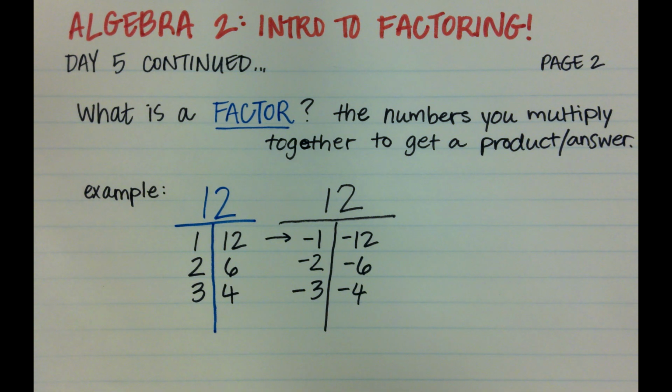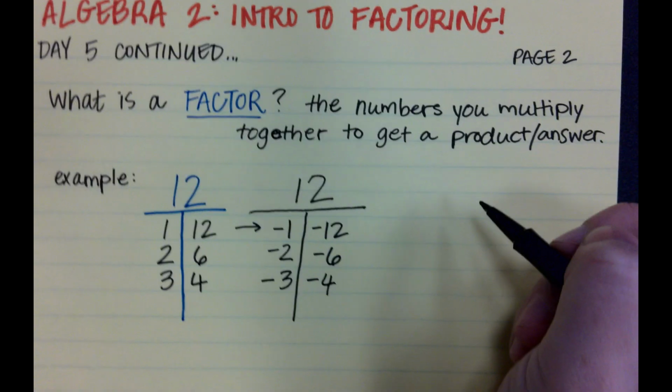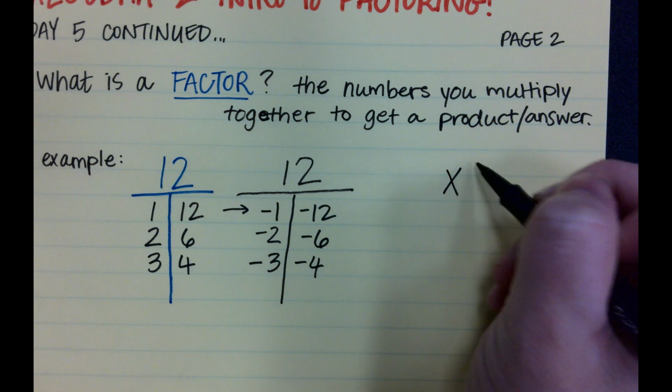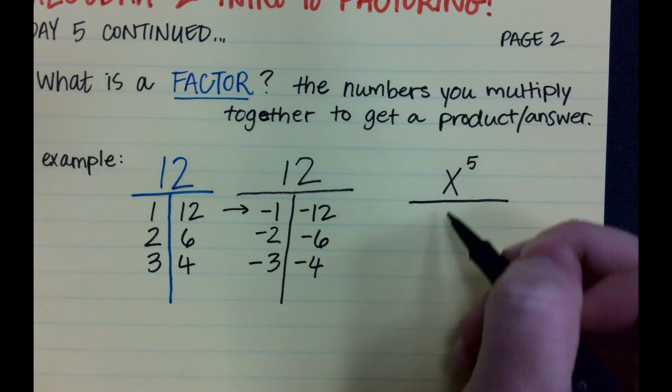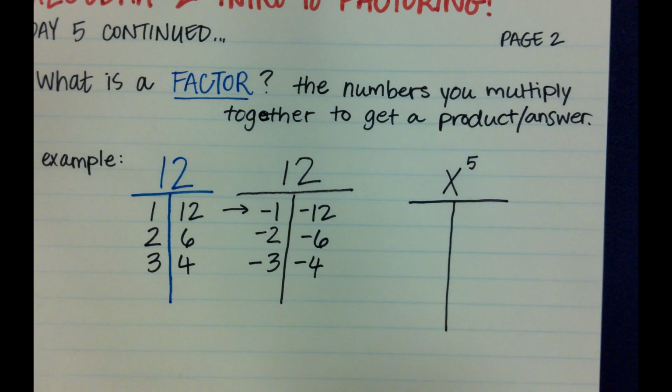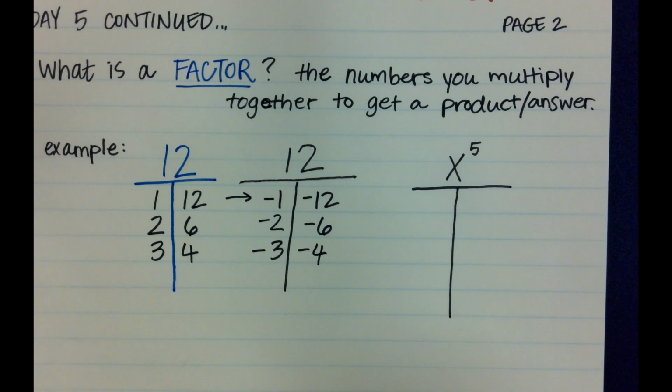So we're going to go a little further with this though, because we're not just factoring a 12, we're factoring some bigger things. What if, just for fun, I wanted you to factor x to the 5th power? What are some things that I could multiply together to get x to the 5th power?